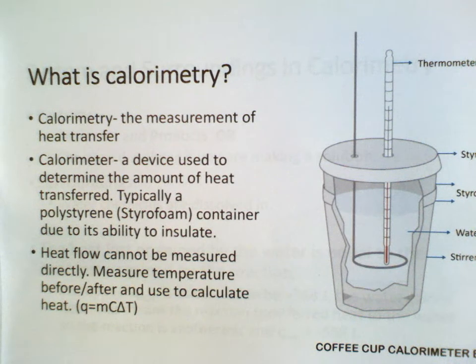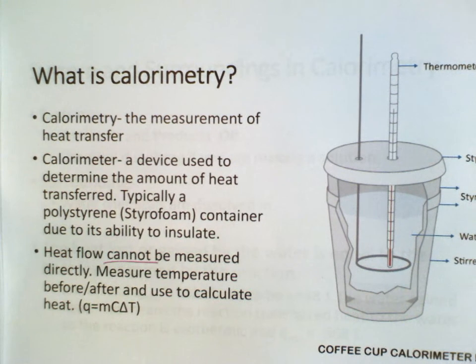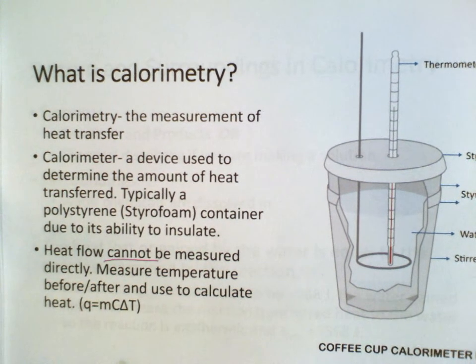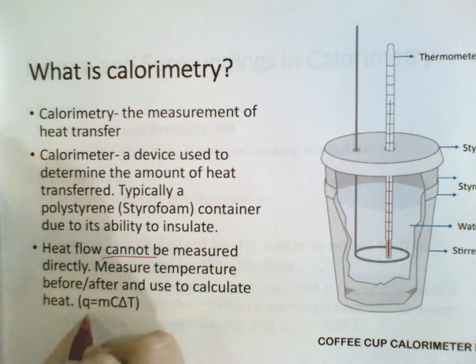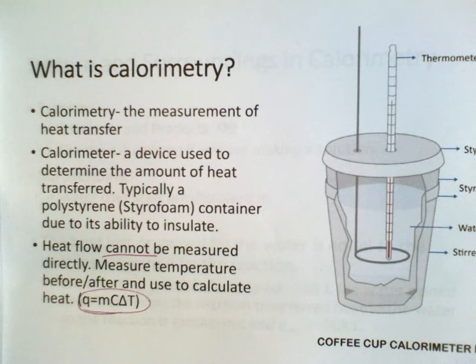The deal with heat flow is it cannot be measured directly. We do not have a device that measures heat. So we have to measure temperature change before and after our situation, and use that to calculate heat. So we're going to go back to our Q equation, our specific heat equation.